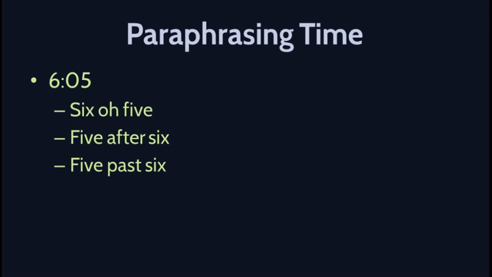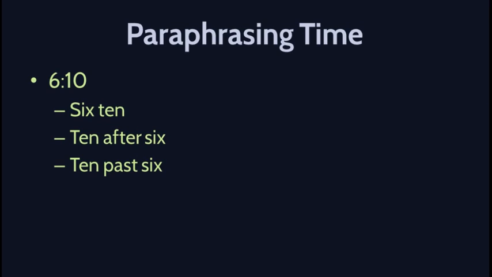For example, 6:05, there's a few different ways to say it. That would be the most common way to say it: 5 after 6, and 5 past 6. This time here can be expressed as 6:10, 10 after 6, 10 past 6.